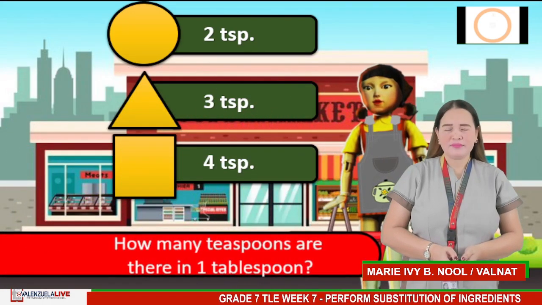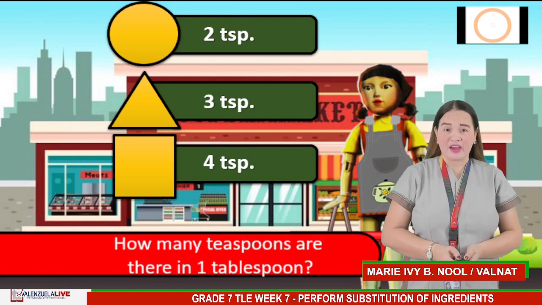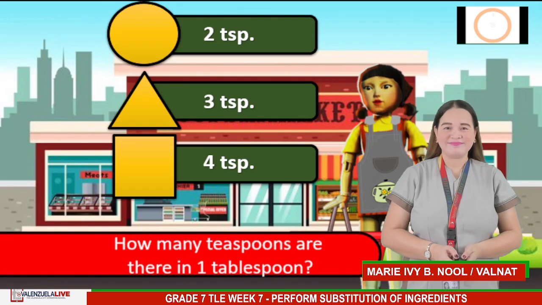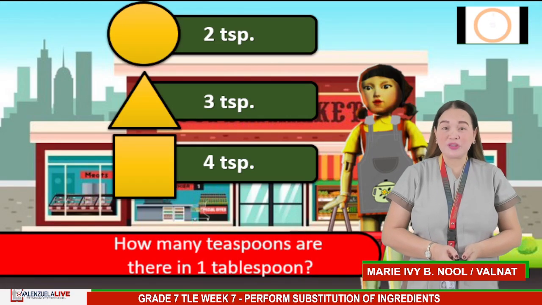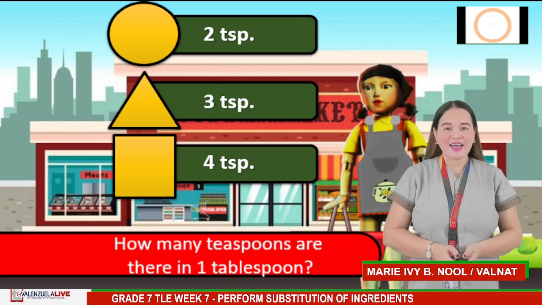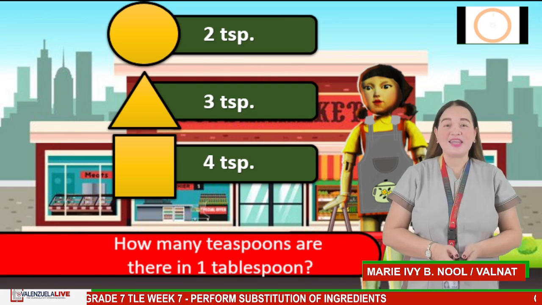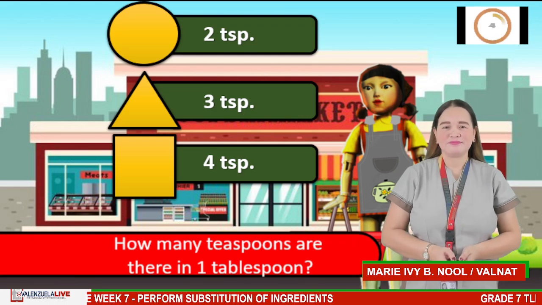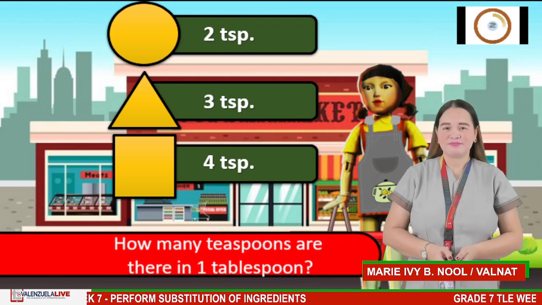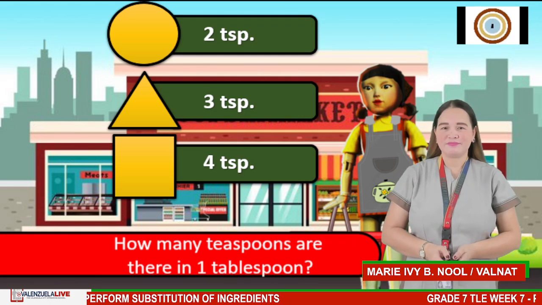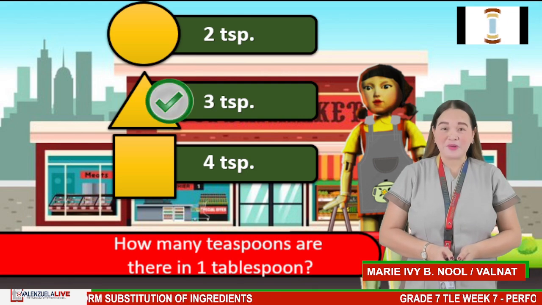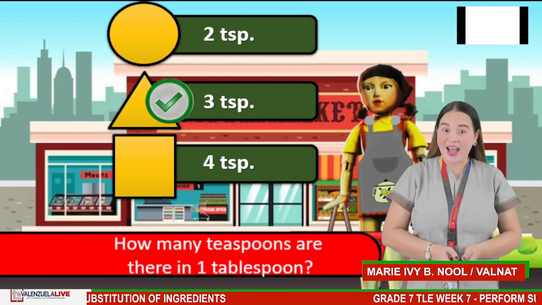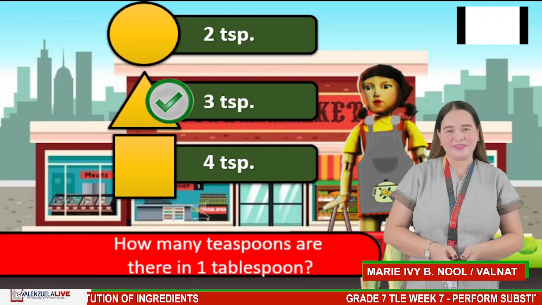Number 4. How many teaspoons are there in 1 tablespoon? Circle, 2 teaspoons. Triangle, 3 teaspoons. And square, 4 teaspoons. The correct answer is triangle, 3 teaspoons.